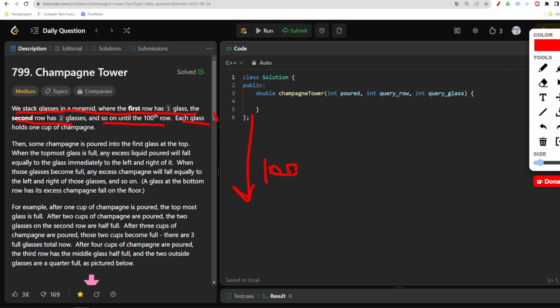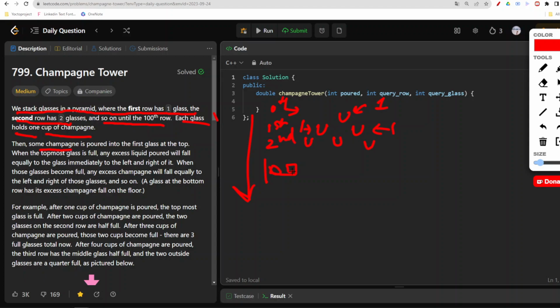And each glass holds one cup of champagne. So whatever would be there, it will be having just one. Then here one would be there, then one would be there, like that only, and so on up till 100 rows. Here it is the zeroth row, here it is the first row, and here it is the second row.